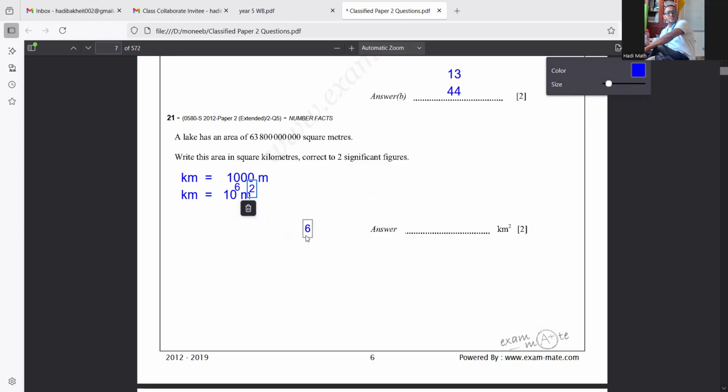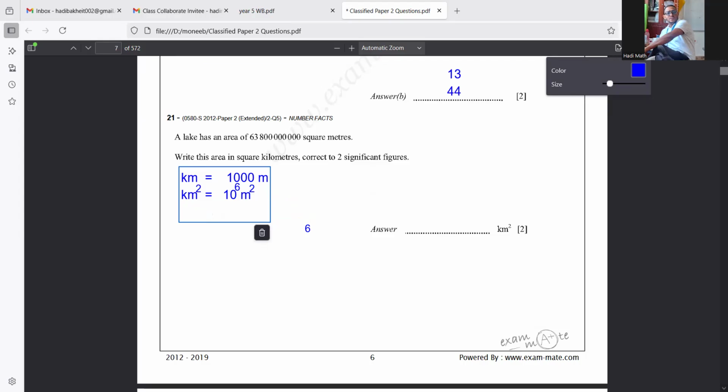To know the kilometer squared is equal to how many meters squared. Then you write your numbers as normal.